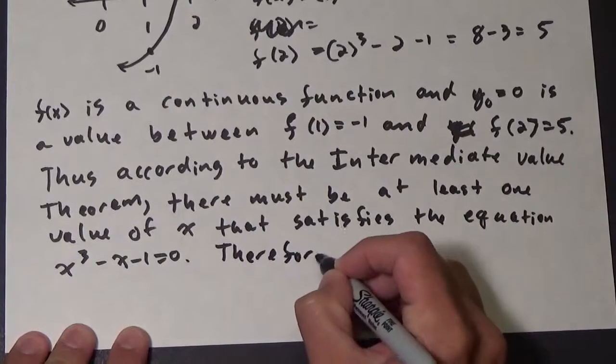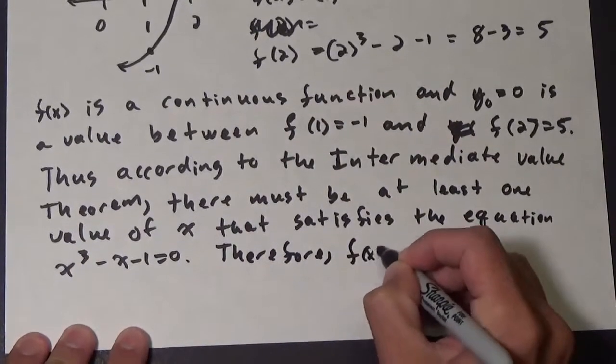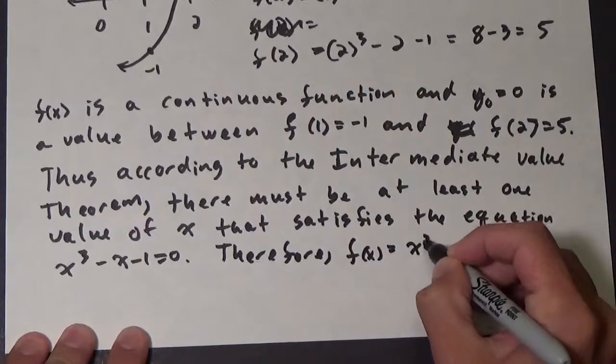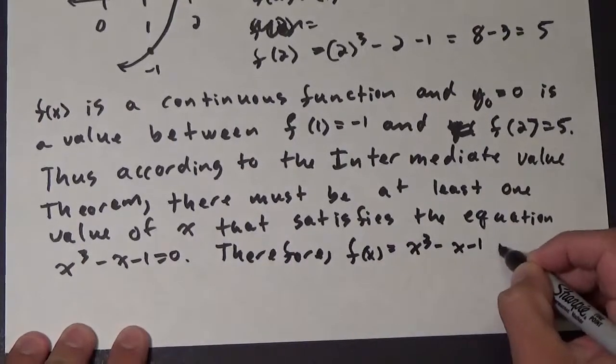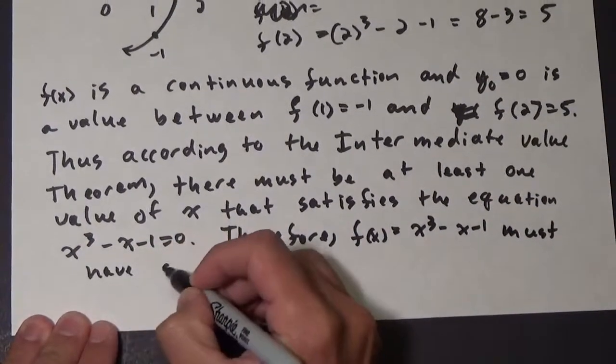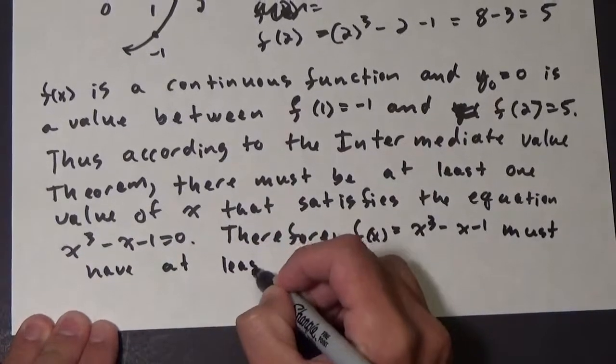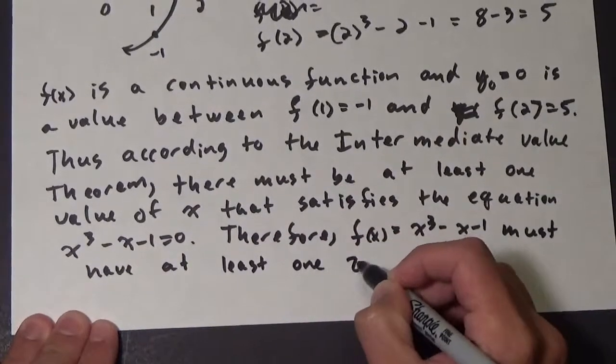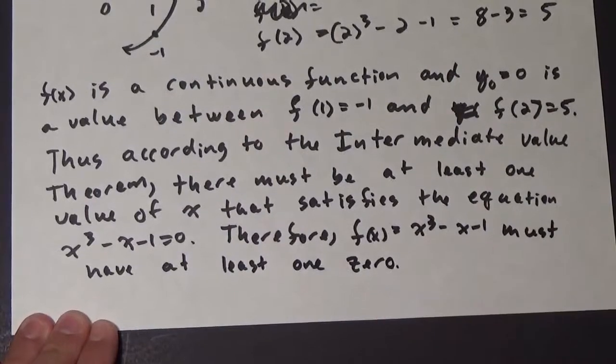Therefore, f of x equals x cubed minus x minus 1 must have at least 1 zero.